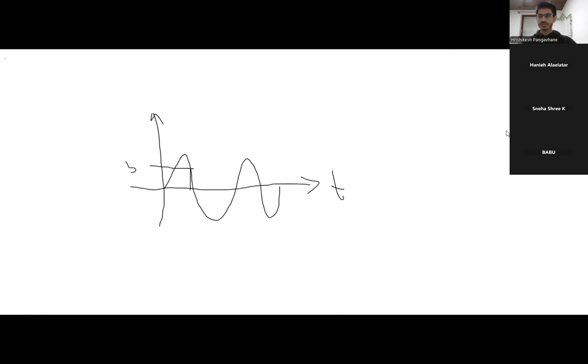What I am going to demonstrate is that when we go from analog domain to digital domain, we will quantize time as well as quantize amplitude. So when we quantize time, that's how we are quantizing the time.